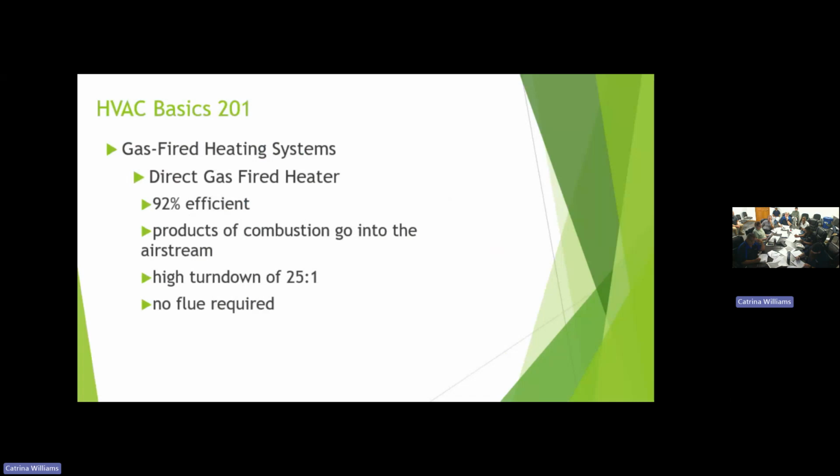And let me be perfectly honest with you. That's the burner capability. The controls are going to limit that more than the burner does. The controls we're using, you might get a 15 to 1 turn down or whatever.